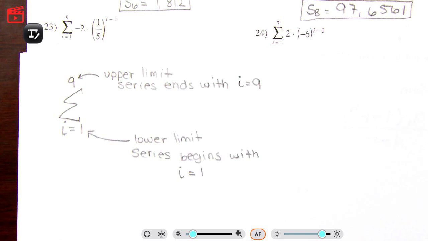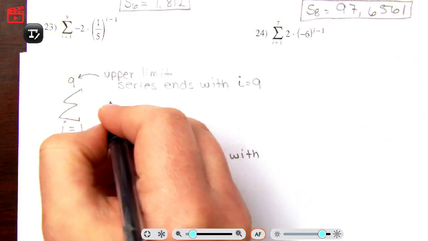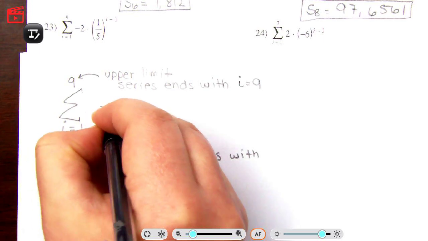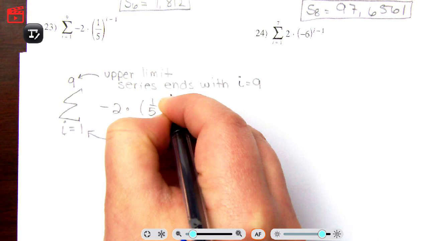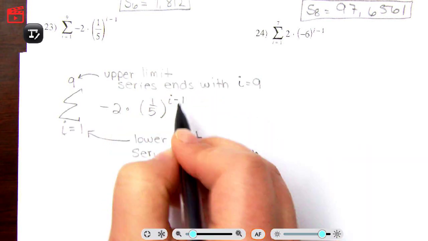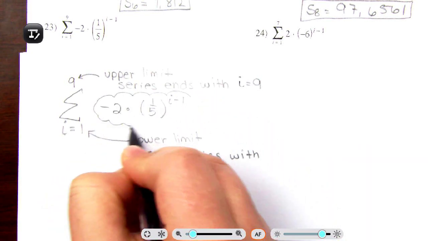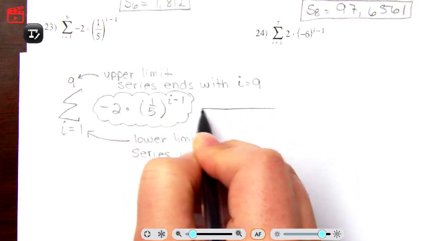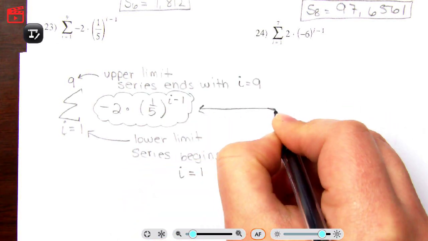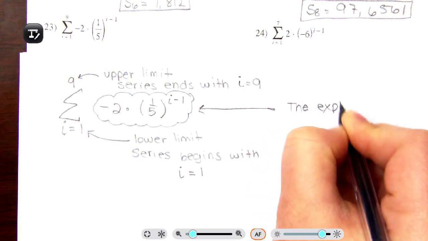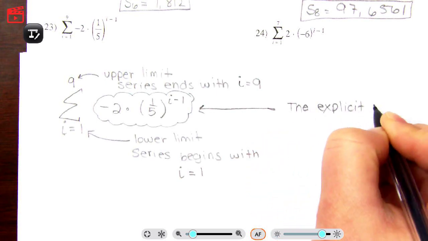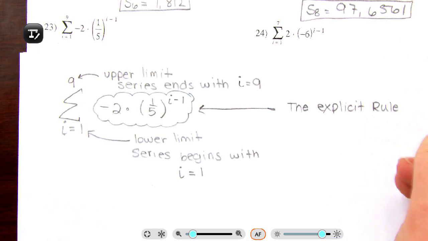Now the inside, in this case negative 2 times 1/5 to the I minus 1, let me put that in a bubble so that it can be separated. This is the explicit formula, the rule.